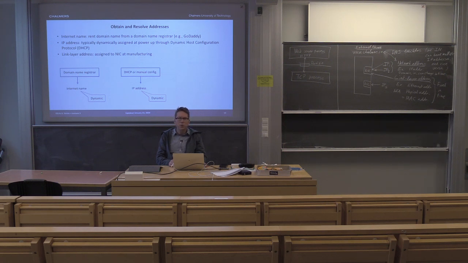This is a little bit tricky because it's a configuration and sometimes there are mistakes done and so forth, but you can do that. Okay. Most often for consumer things, you get it through this DHCP. The link layer address is assigned by the manufacturer when the network interface card is manufactured.